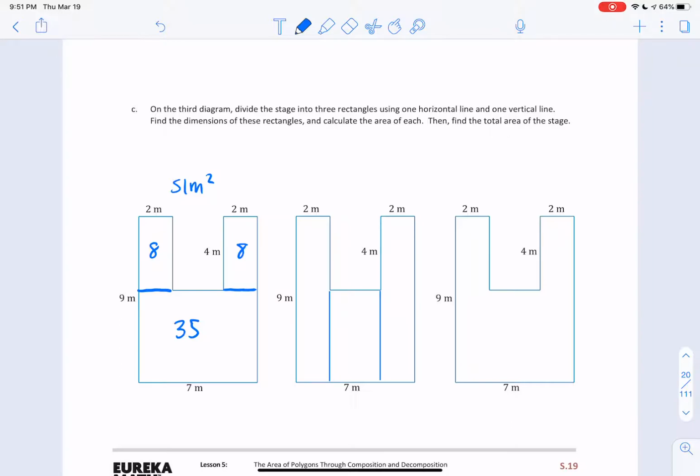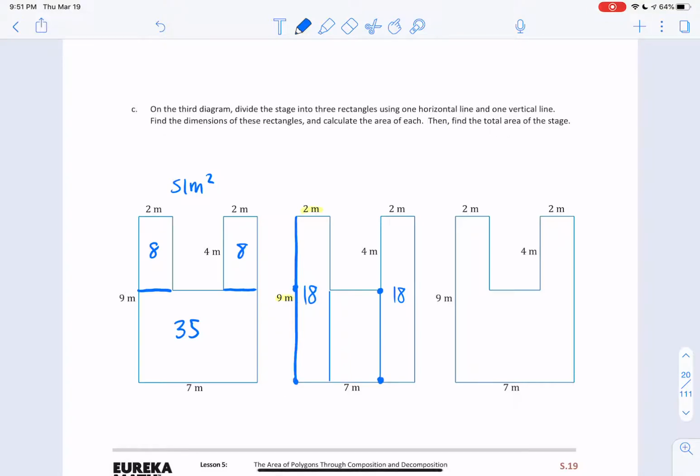All right, so I'm back. First of all, I'm going to find the area on the left, and I see that I have a 9 multiplied by a 2. This section is going to be 18. This section's also going to be 18 because it's the same as the other one. And then this middle section, I see that the entire length is 9, and I only need from here to here.